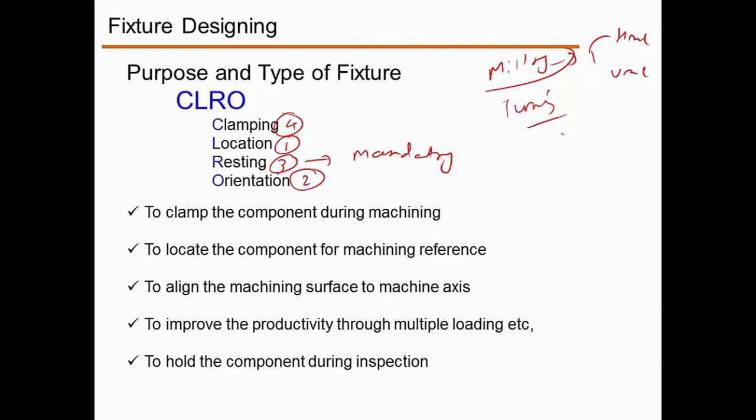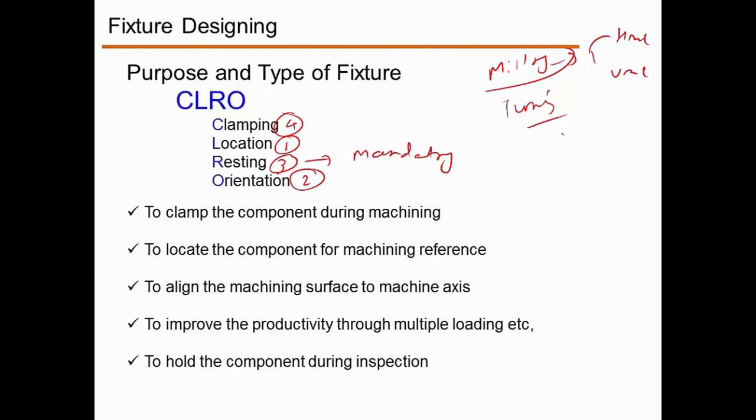It's very interesting. These are the basic guidelines, and for location you have various principles. If your component has a diameter, then you have to use a pin or the same round location. If your component is round externally, you can use a V block if you want to keep it centered.